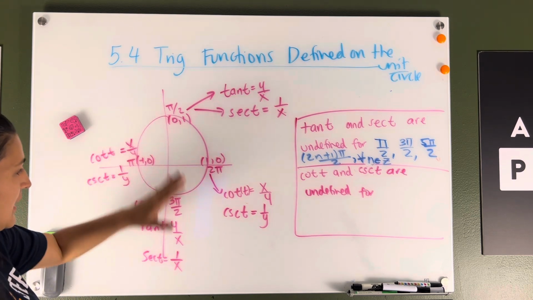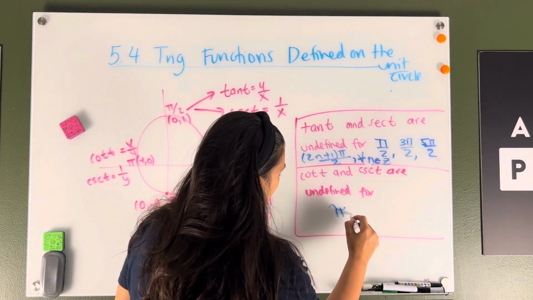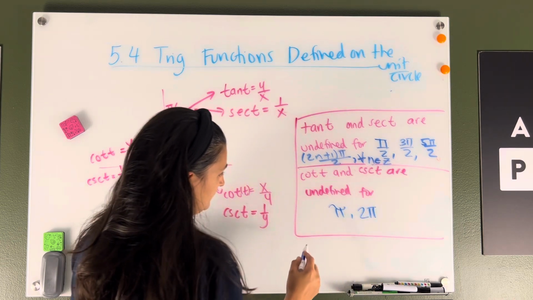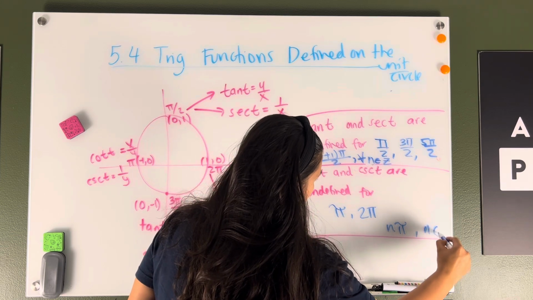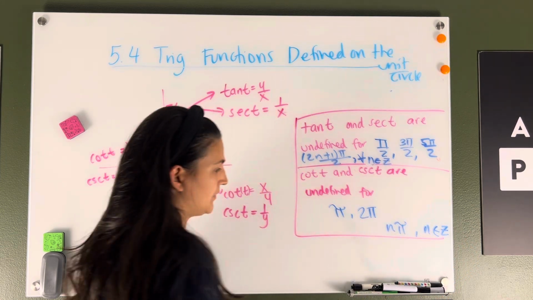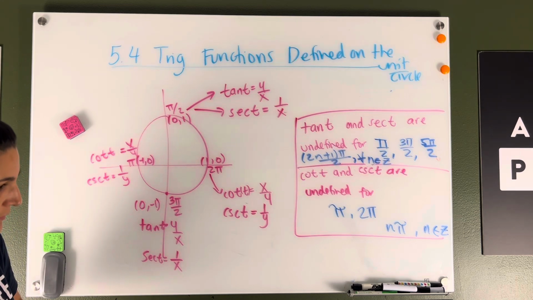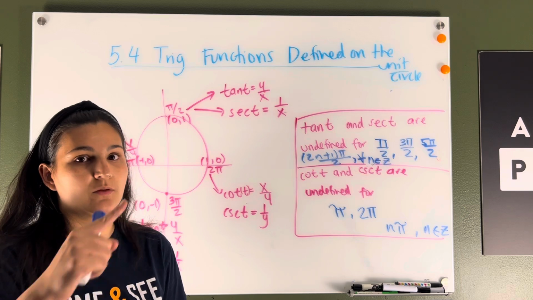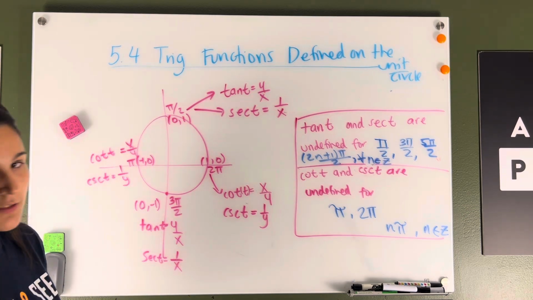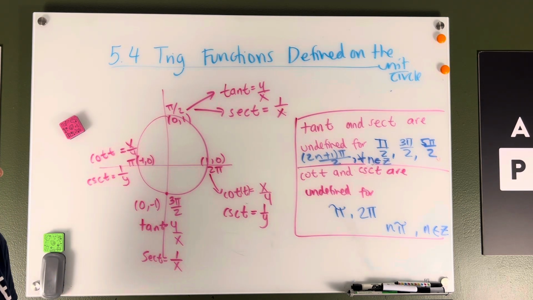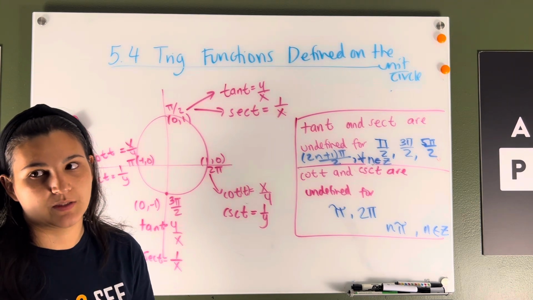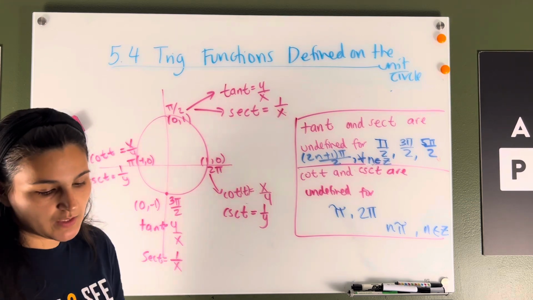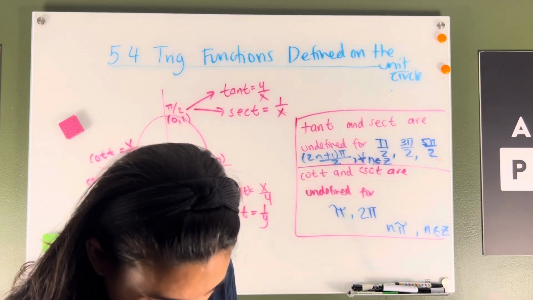And so therefore it's happening for n pi, where n is an integer. So it could be negative, it could be positive, but for all integers, n pi. That means at pi, 2 pi, 3 pi, 4 pi, 5 pi, negative pi, negative 2 pi, negative 3 pi, which essentially you could find a coterminal angle that's positive to it, right? Okay, so that's important.